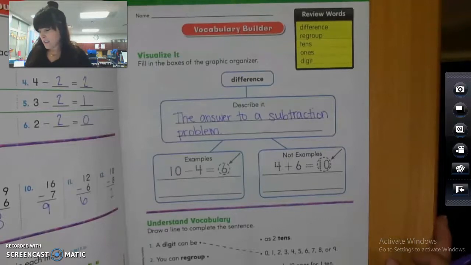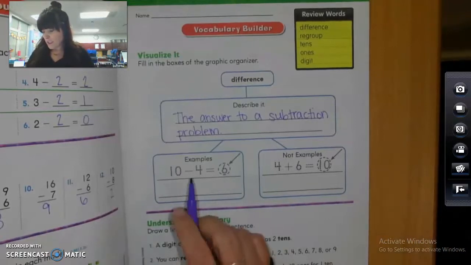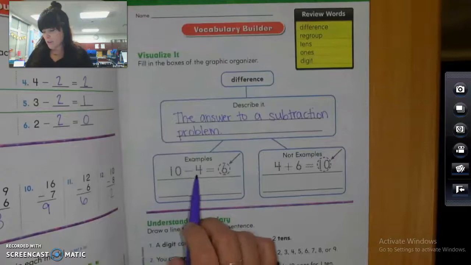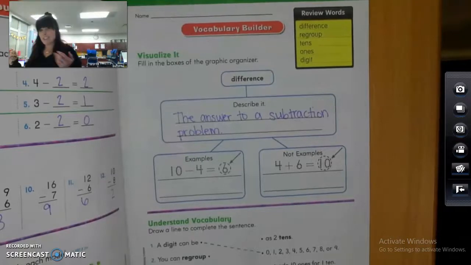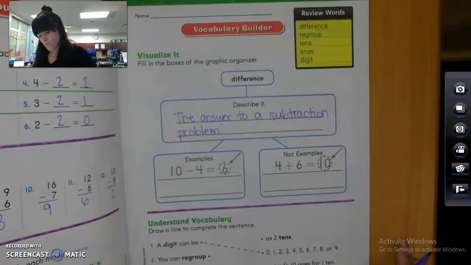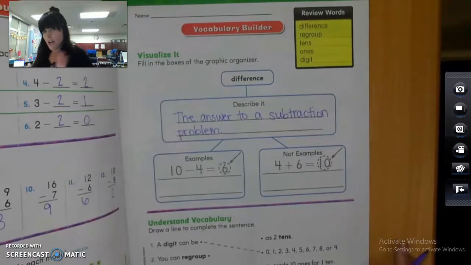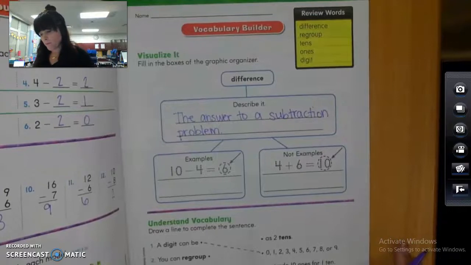And then down here it says examples. 10 minus 4 equals 6. Right? Because that 6 is an example. Can you guys come up with another example to give? You can use any subtraction problem.